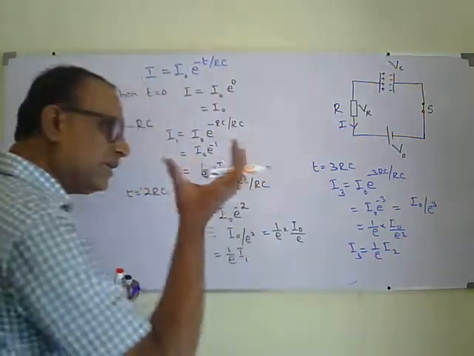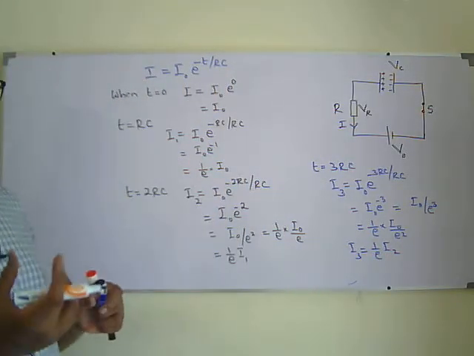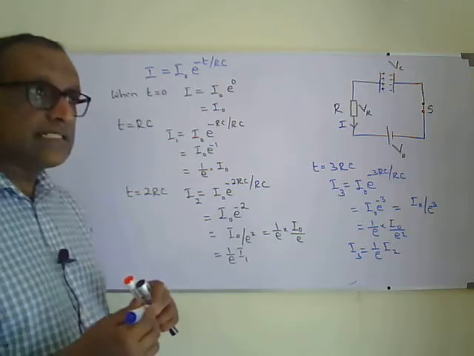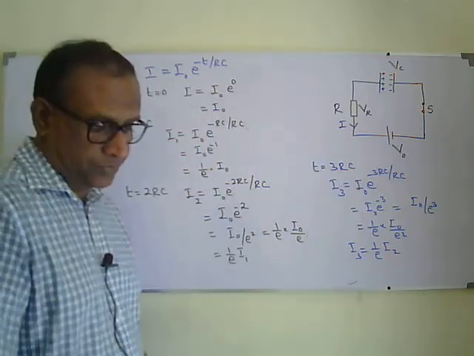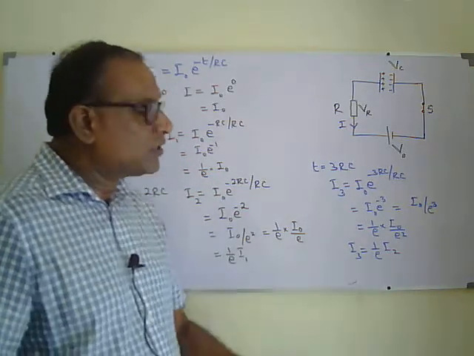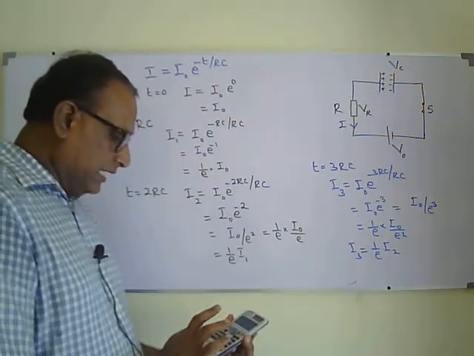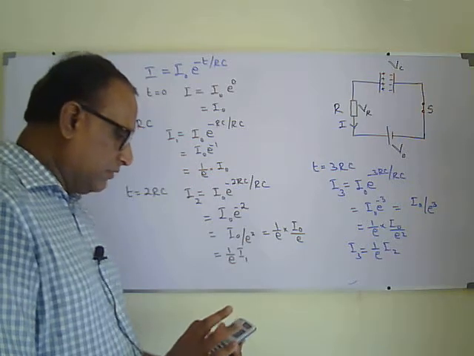So that means every time interval that is equal to RC, the current is dropping to 1 over e of the previous current. Then what is the value of 1 over e?